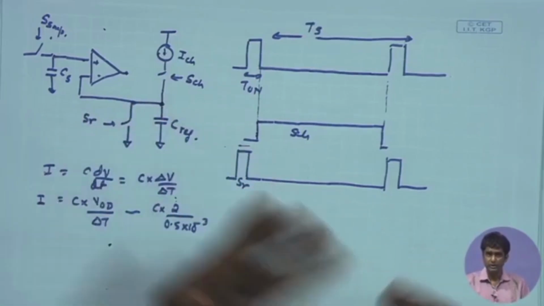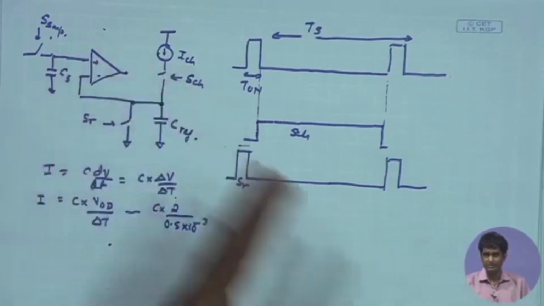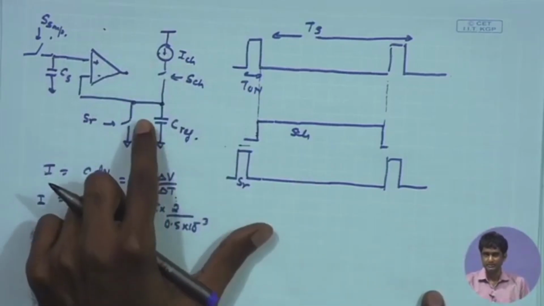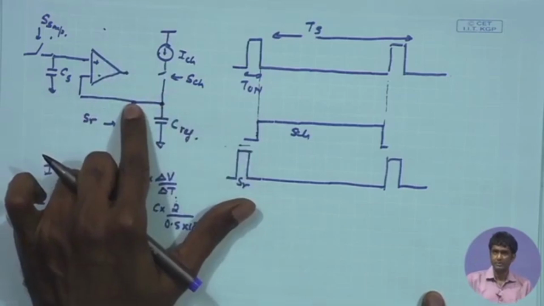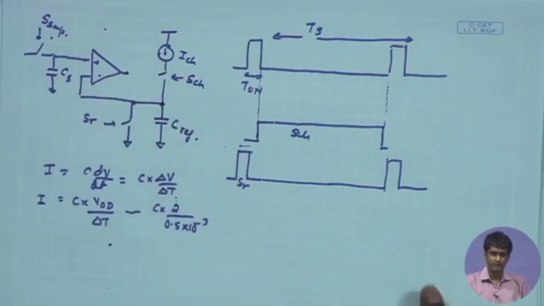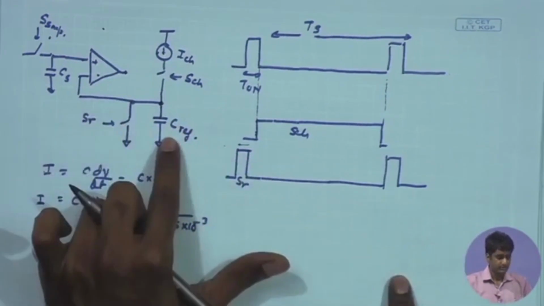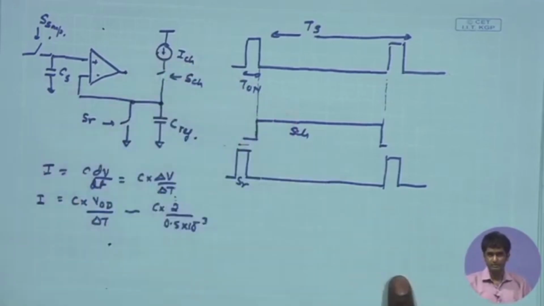And once again, if I look at the comparators and the switches, even if they have minimum size transistors, at least we will have, say, a few femtofarads or a few tens of femtofarads of capacitance coming over here because of the input devices. Therefore, to a safe limit I can choose this Cref to be at least 1 picofarad.